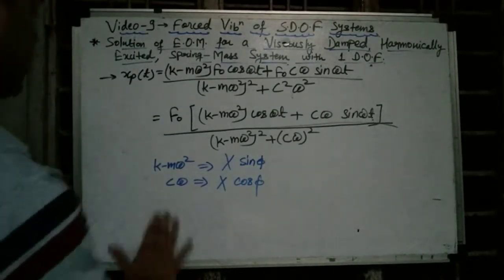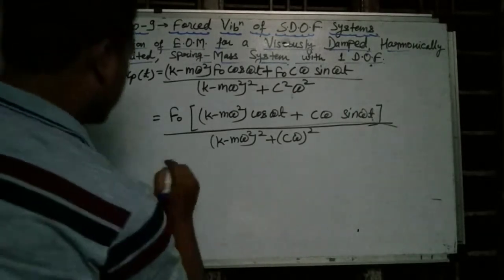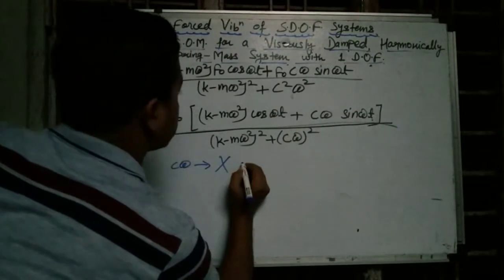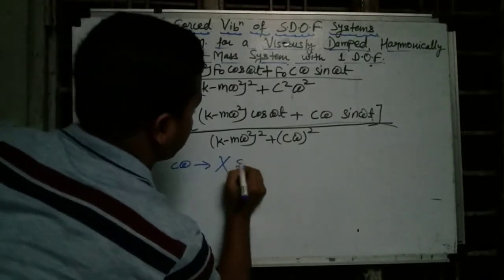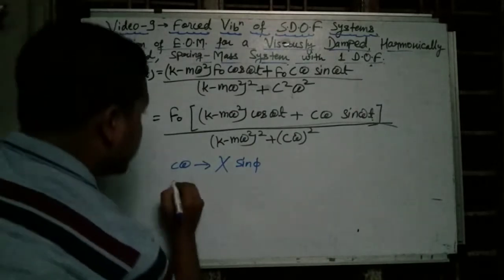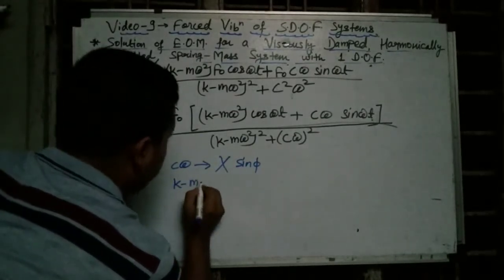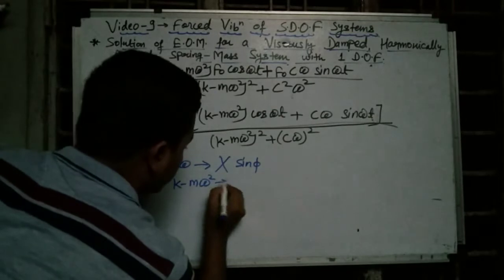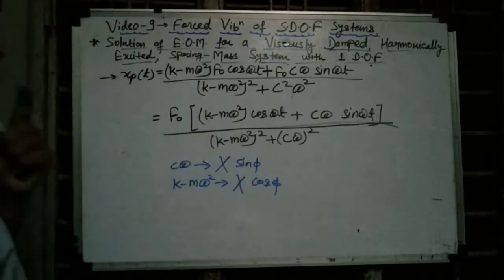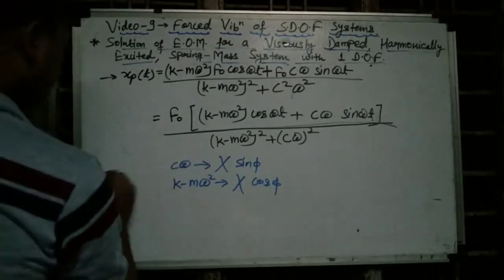No, better we'll take the reverse. We'll take c omega to be some X sin phi, and k minus m omega square to be some X cos phi, if I'm assuming this.